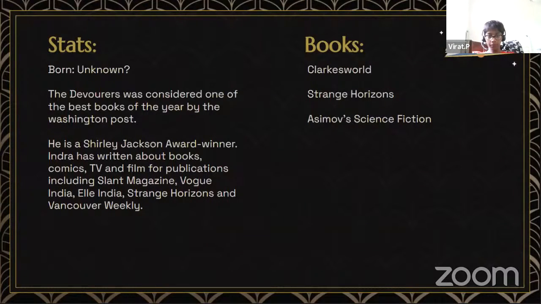He has written about books, comics, TV, and films for publications including Slant Magazine, Vogue India, Strange Horizons, and Vancouver Weekly. You may have heard some of these, and some of his work appears in Clarkesworld. I haven't read many of these, but there's also Strange Horizons.